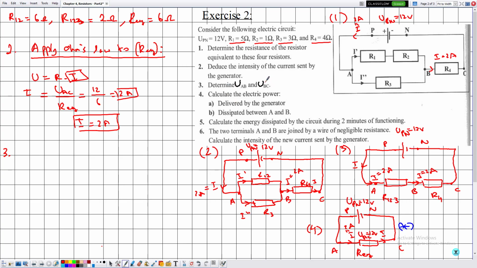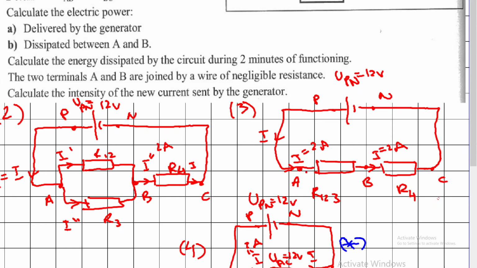The easiest one that one should think about is the circuit that comes directly before 4, which is 3. Notice that in this case UAB can be directly calculated using Ohm's law.